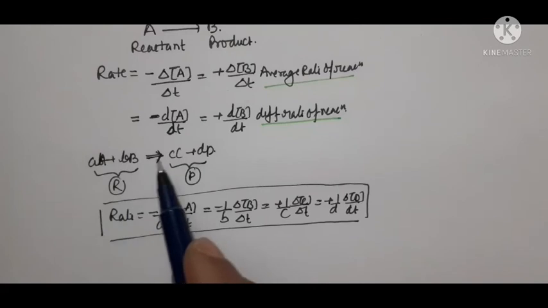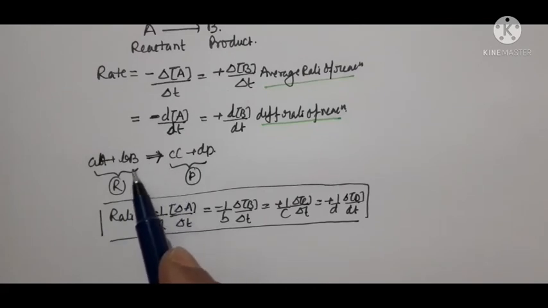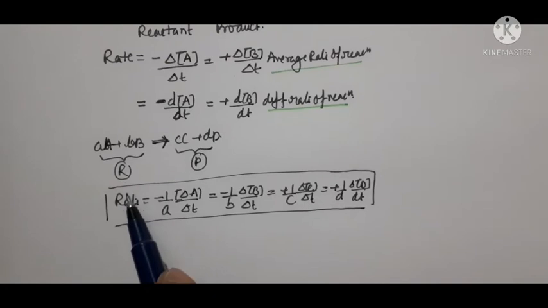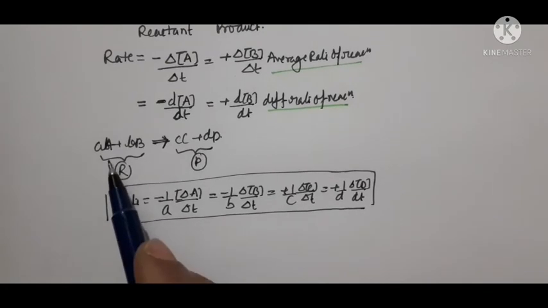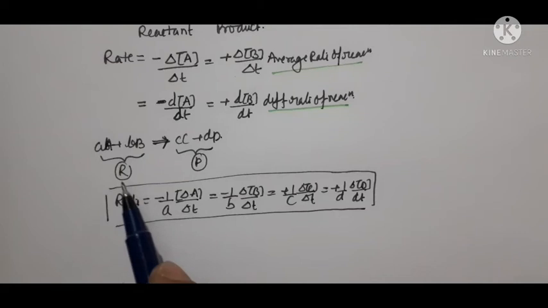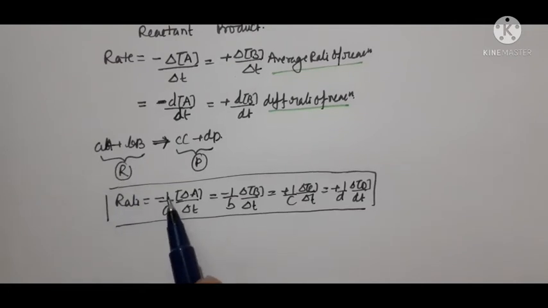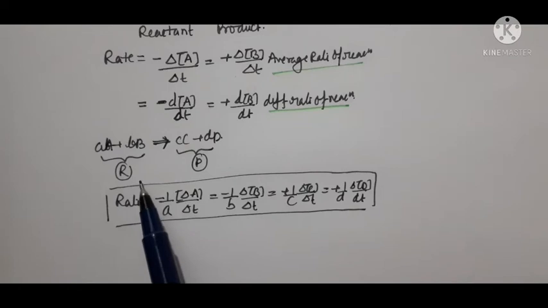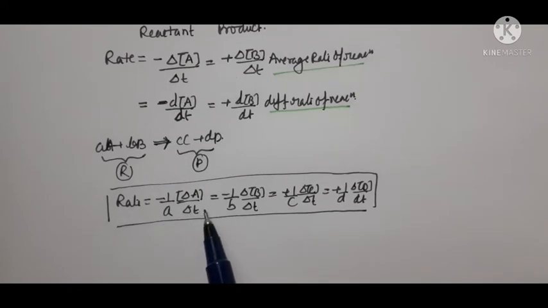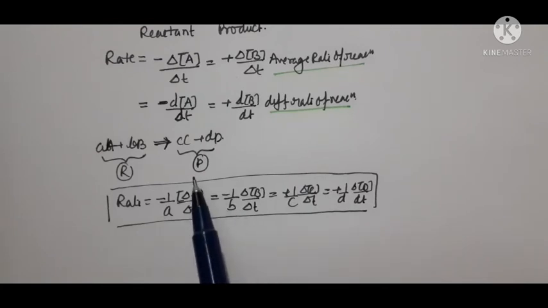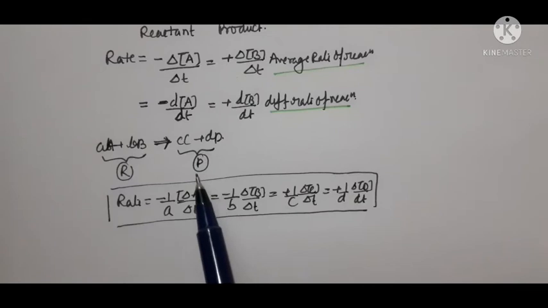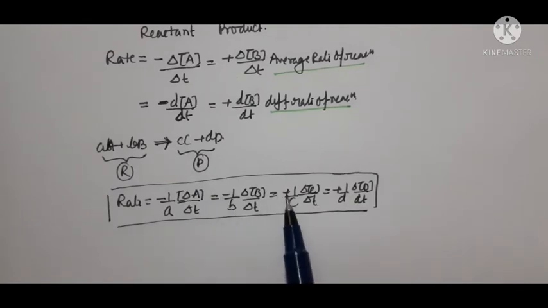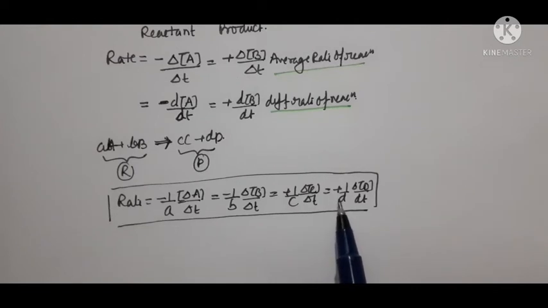To write the rate of such a reaction, write rate equal to, for a reactant negative sign is used, coefficient is written as 1 by a, del A by del T equal to minus 1 by b, del B by del T equal to, in the product side, plus 1 by c, del C by del T equal to plus 1 by d, del D by del T.